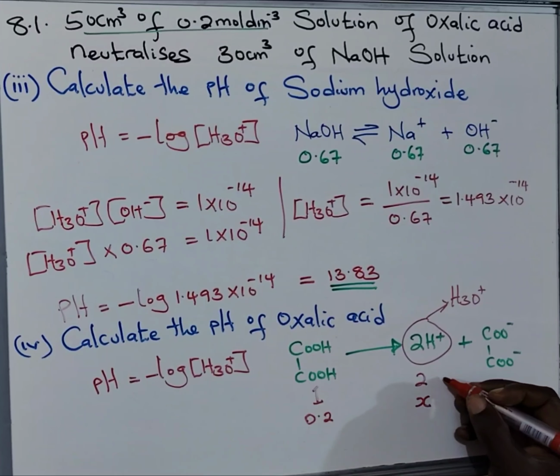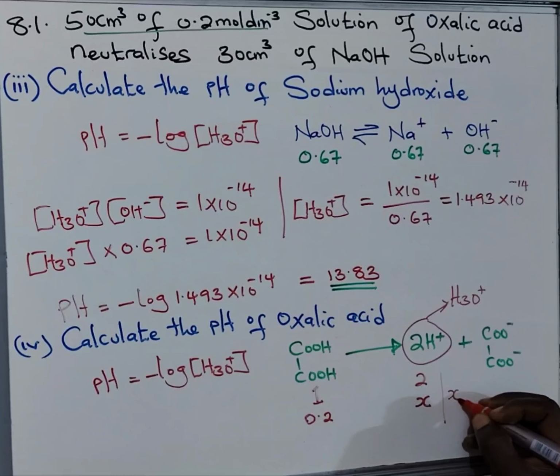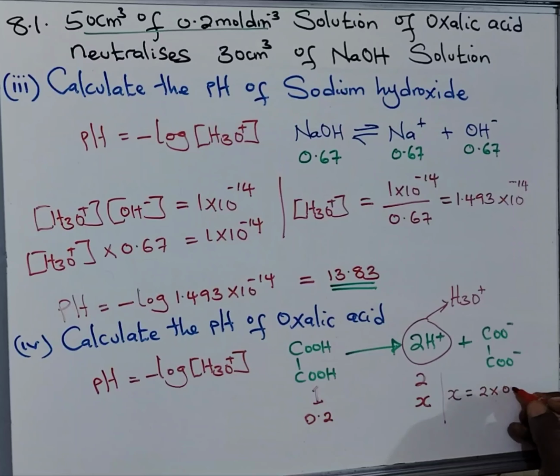So what do we do here? We are going to say X is equal to 2 times 0.2, giving us 0.4 moles per cubic decimeter. These are the number of moles of hydronium ions present on the assumption that oxalic acid completely ionizes.